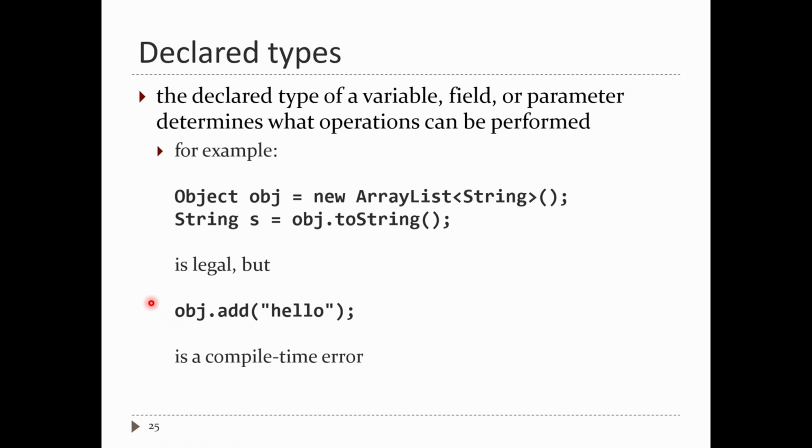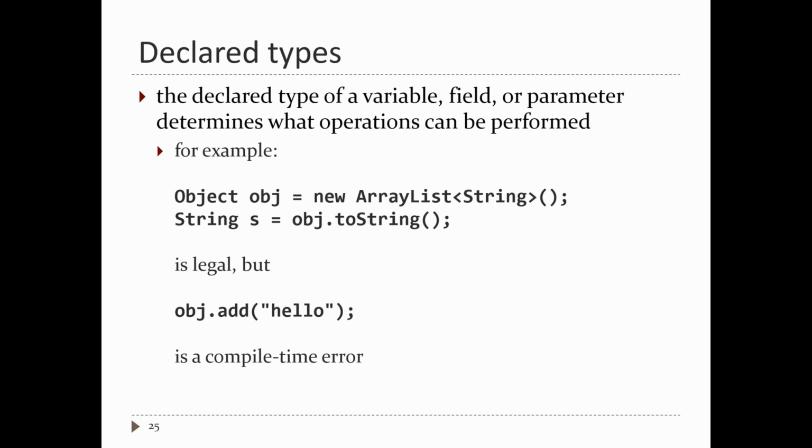In Java, that's an error. You cannot use obj to call the List method. Why? Because the declared type is the type that determines what methods can be used to call the object. What you've told the compiler is that obj is an Object, and that's all the compiler cares about when you use obj.